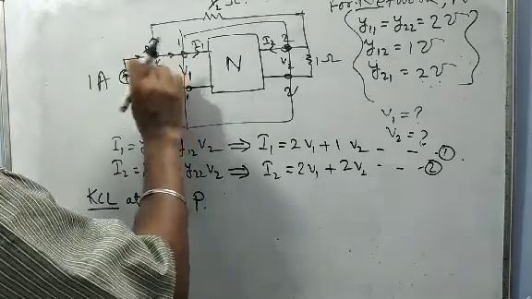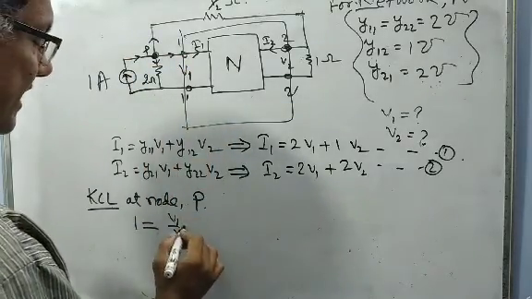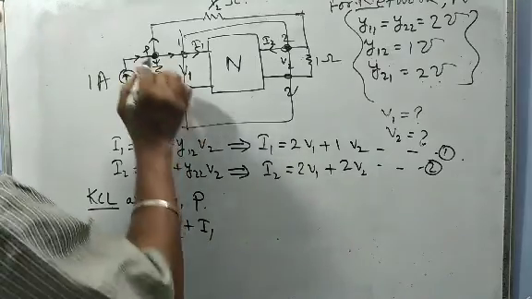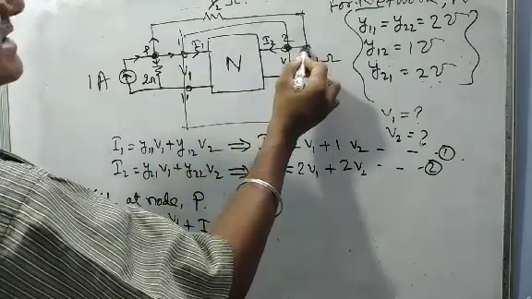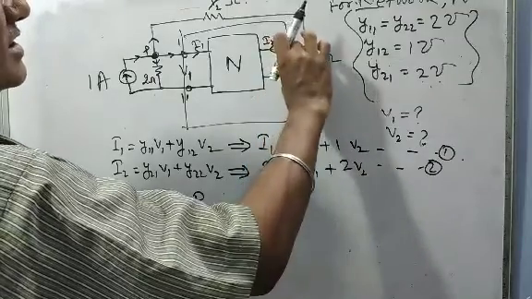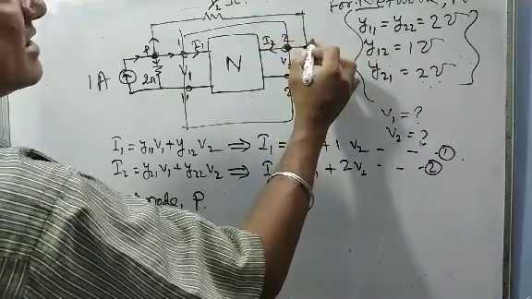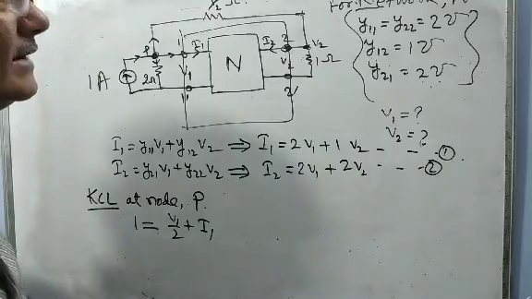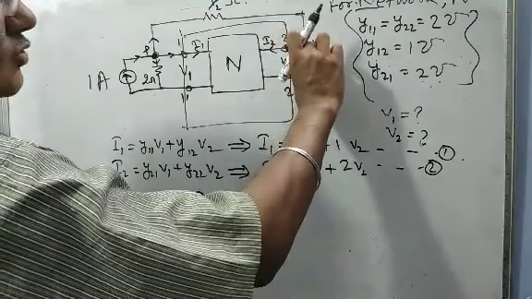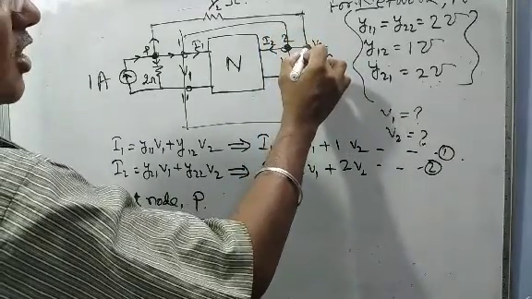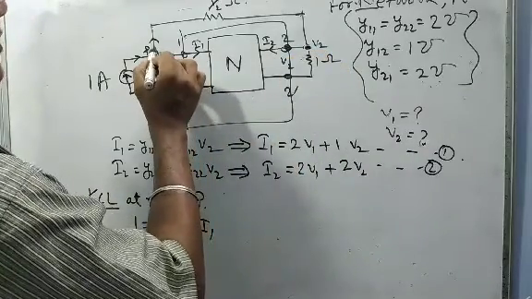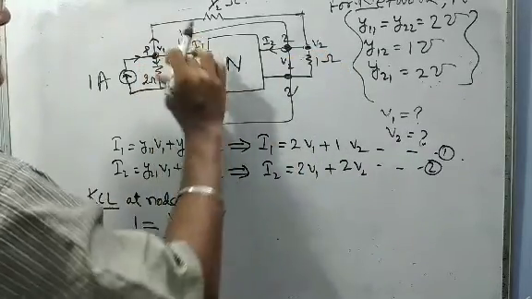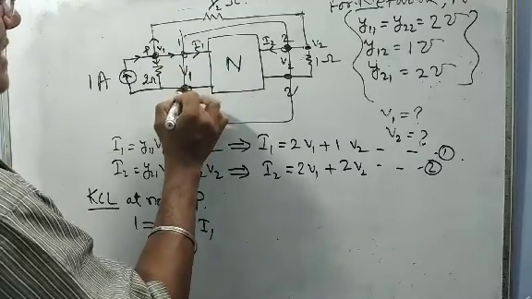Now what is the current here? The current here is given itself, it is I1. Now what is the current here? This potential is V2, so this point is at potential V2. The potential at this point is V1, so this point is V1.